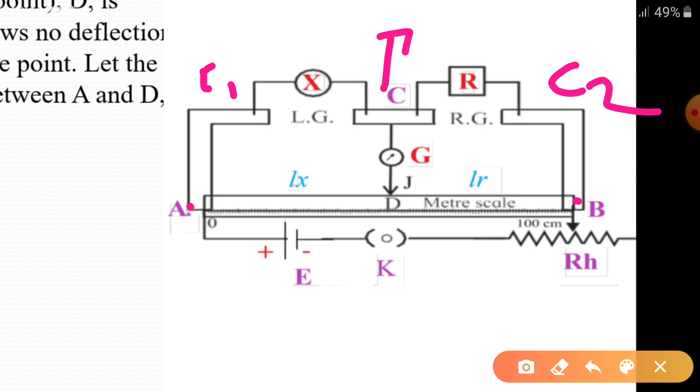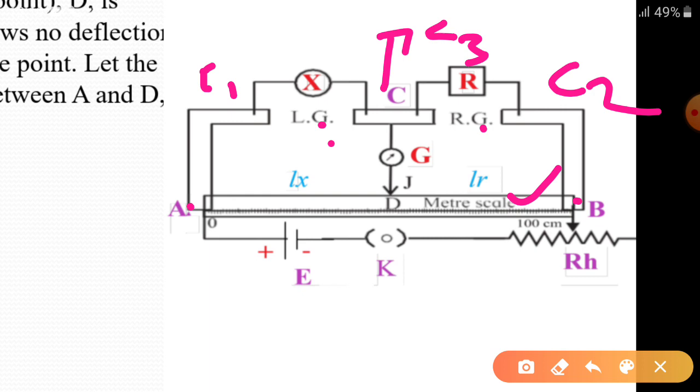C3 is a rectangular metallic plate which is fixed in this manner, producing two gaps because of this metallic strip C3, the left gap and the right gap. A meter scale is also fixed on the wooden board below the wire. See here, here is a meter scale which is fixed below the wire.